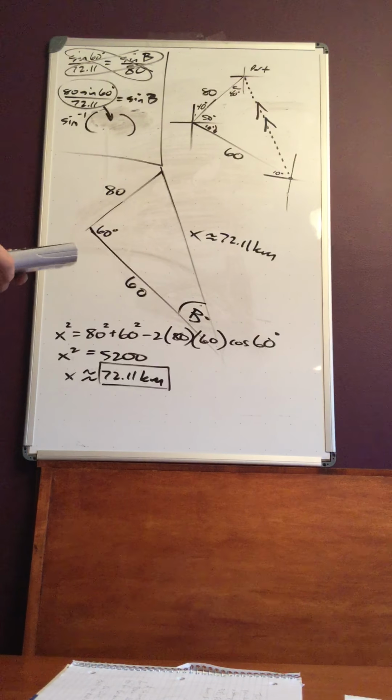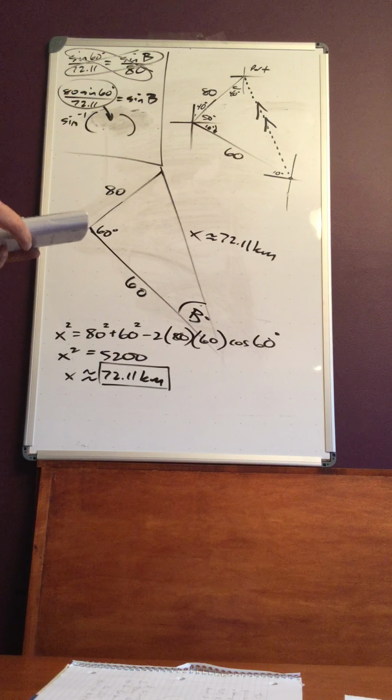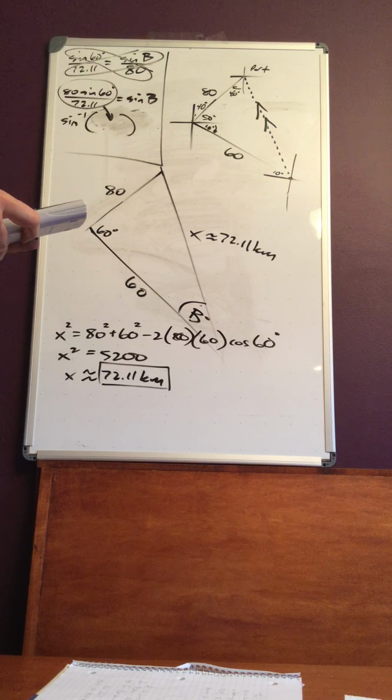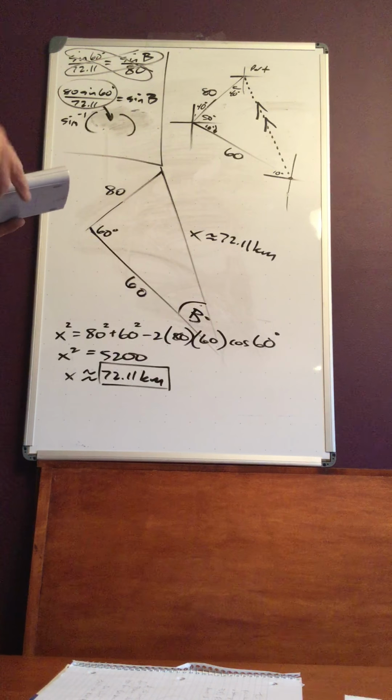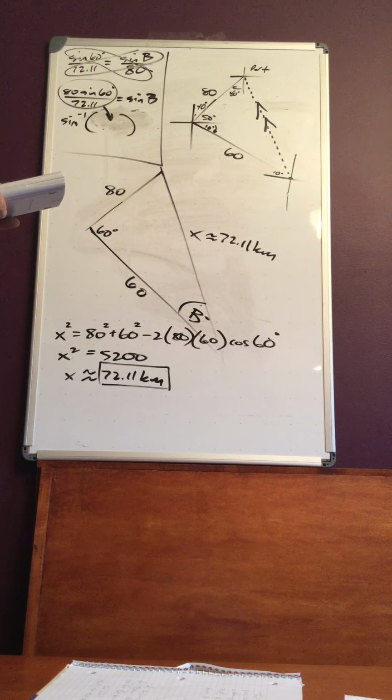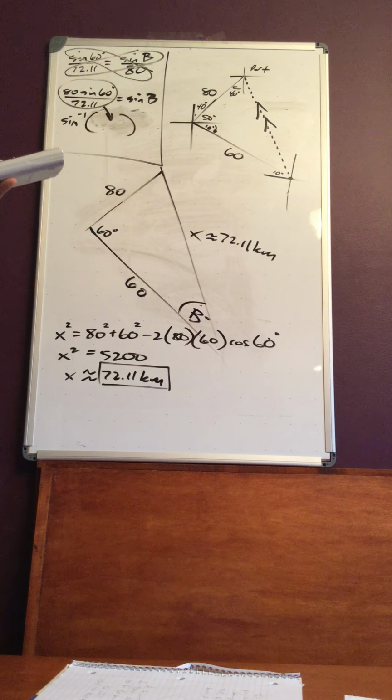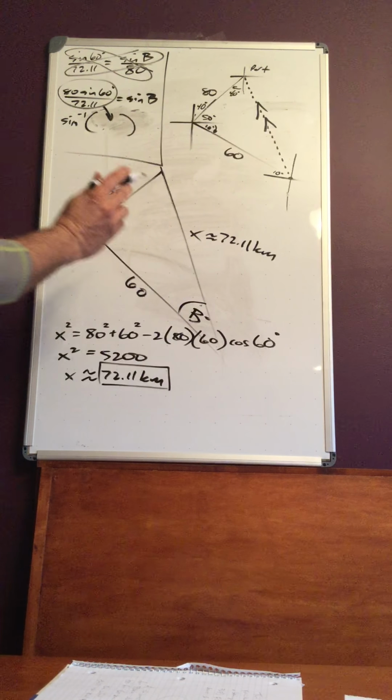And when we do that, inverse sine of 80 sine 60, I feel like we should know what sine 60 is. What is that? Root 3 over 2. 80 sine 60 divided by 72.11, that's inverse sine. And I get 73.9 degrees.